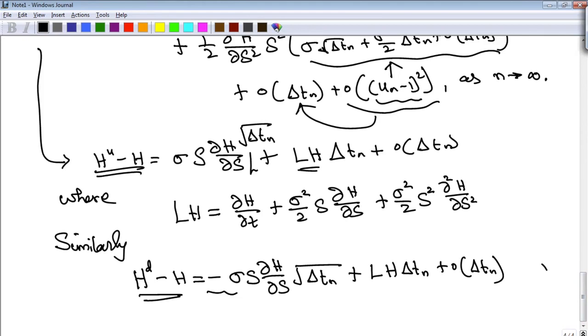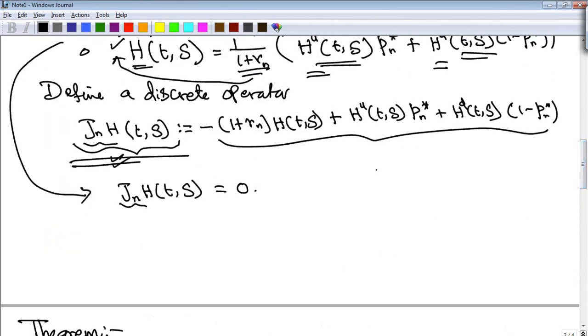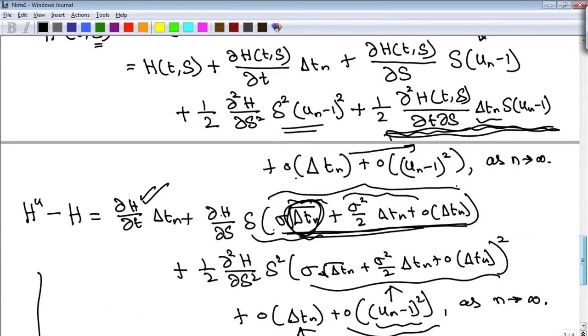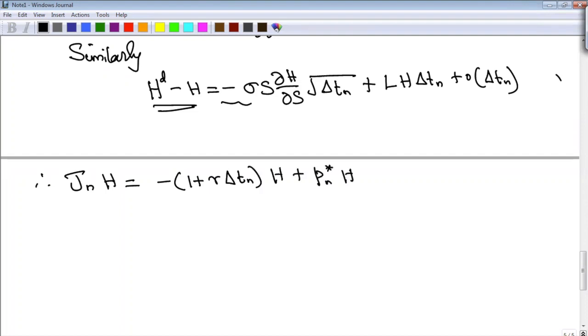Now we have to use it in the expression for Jn. So Jn has hu and hd. You substitute that into Jn, we get the following expression. Therefore, recall that Jn h is given by minus 1 plus R into delta Tn h plus Pn star hu plus 1 minus Pn star hd.